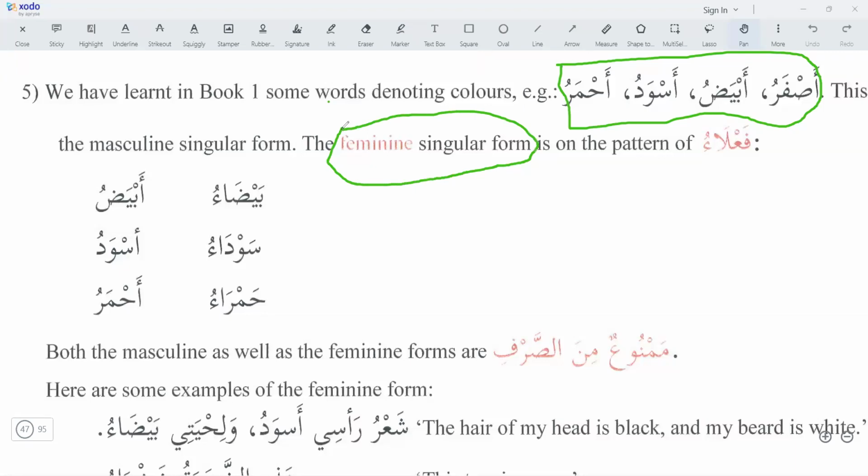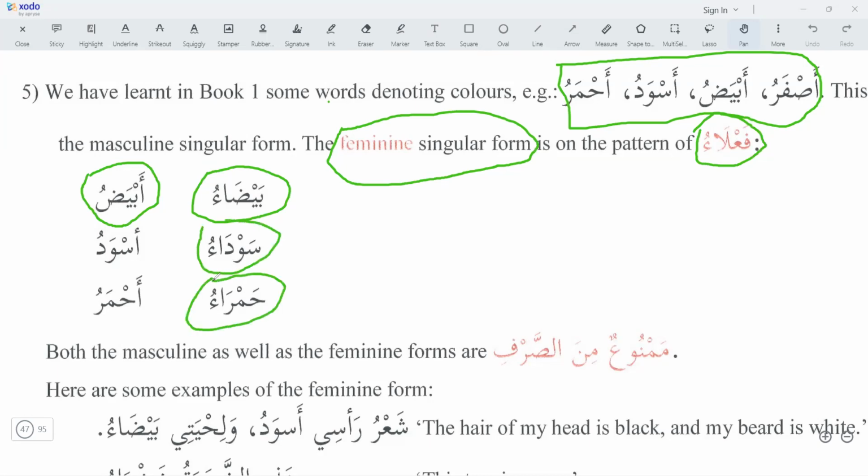Its feminine singular form is on the pattern of fa'la'u. Abyadu is masculine singular and its feminine is bayda'u. Aswadu, sawda'u. Ahmaru, hamra'u. Same with the other colors, we can make their feminine.